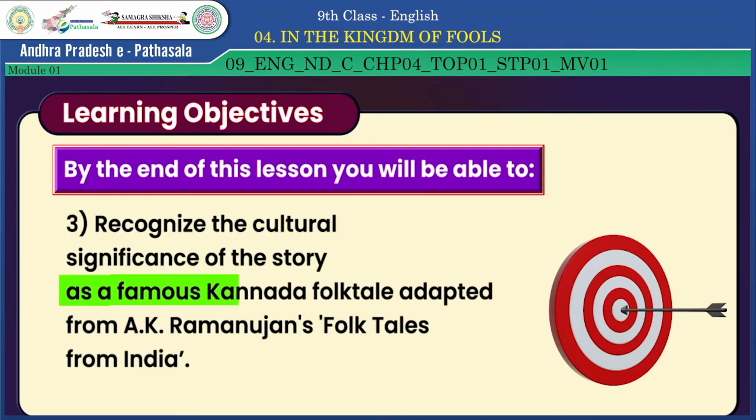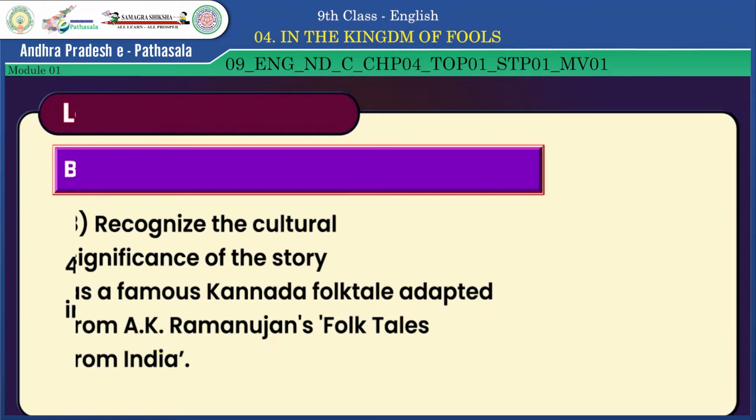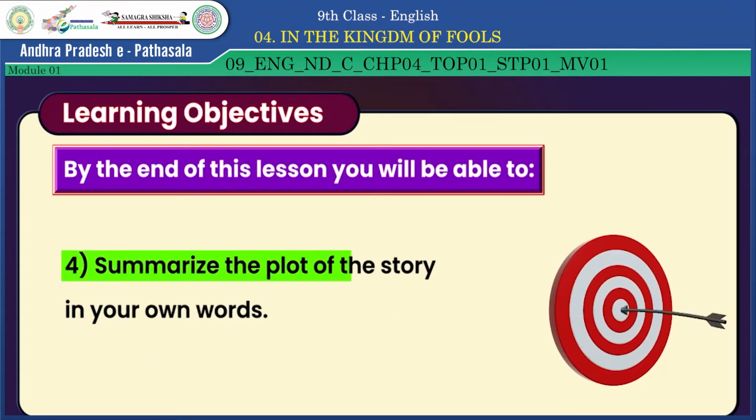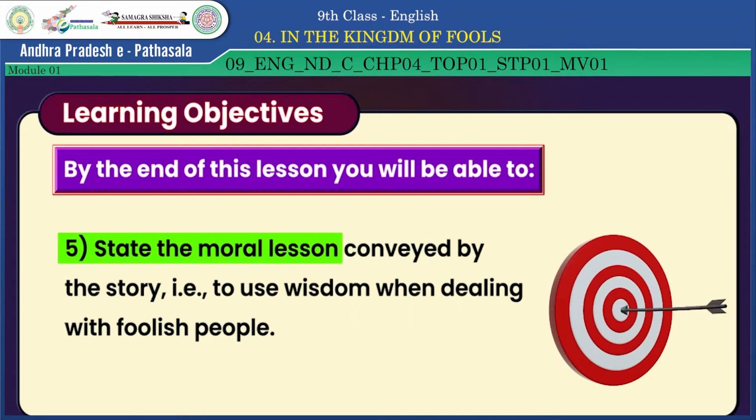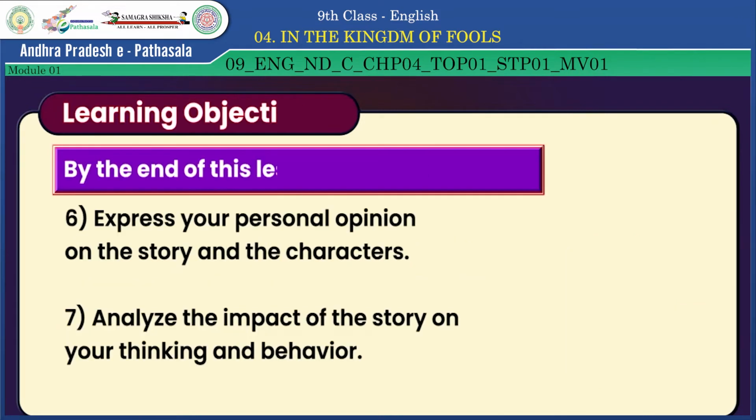Before going into the lesson, let's know more about our author A.K. Ramanujan. Our lesson In the Kingdom of Fools is taken from the book Folk Tales from India written by A.K. Ramanujan. Attipate Krishnaswamy Ramanujan was born in Mysore.